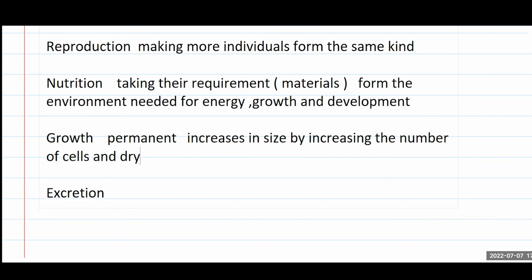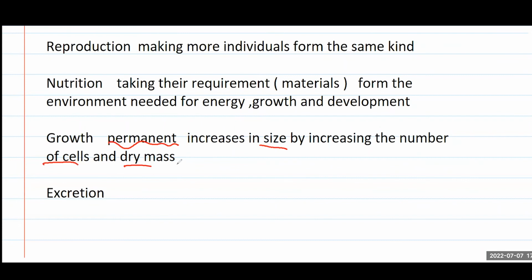Why dry mass? Because water content could be different from time to time. But our dry mass is the protein and lipids and carbohydrates found in our body. So this is the final content of the body of living organisms. You got it? So the keyword here is a permanent increase in size by increasing the number of cells and dry mass.